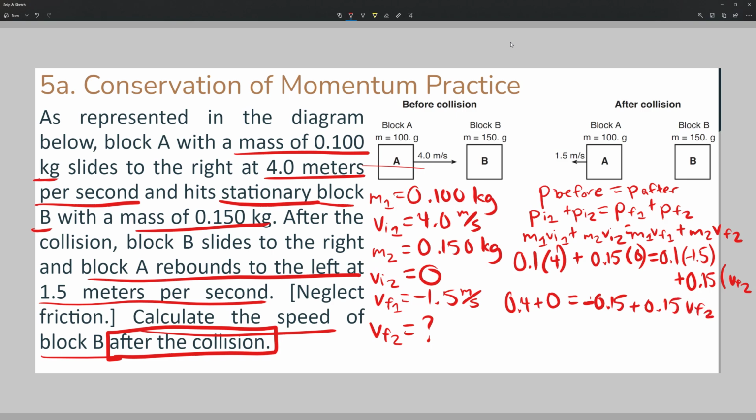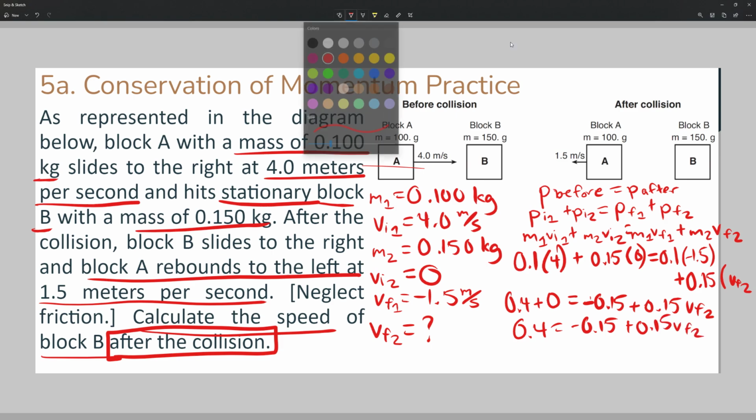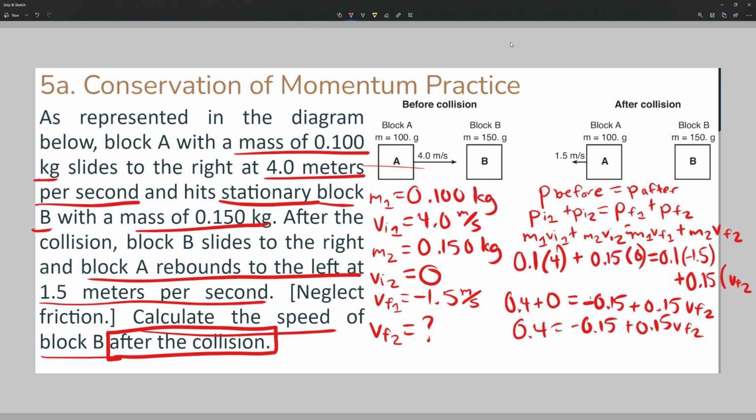VF, final velocity of object 2. So I get this. Probably decrease the, make this 5, right? So plus 0.15, plus 0.15, 55.